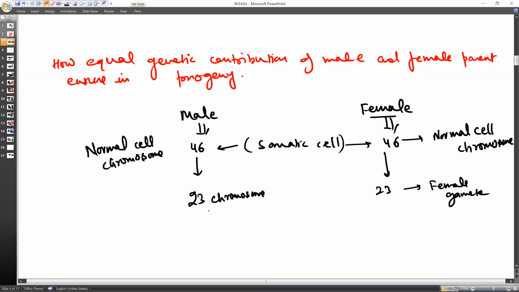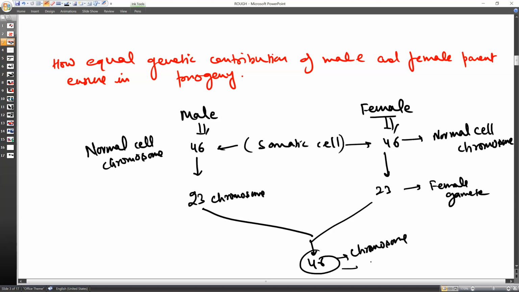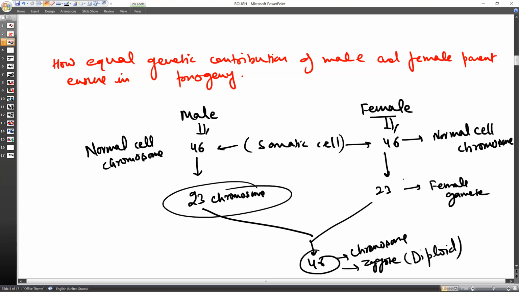When they fuse together, they give 23 plus 23, which is 46 chromosomes, forming a zygote which is diploid in nature. So 23 chromosomes from here and 23 from here fuse to form a 46-chromosome zygote. With this explanation, you need to write the answer in the paper.